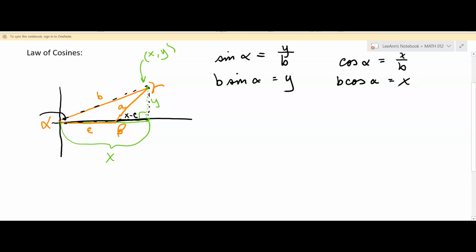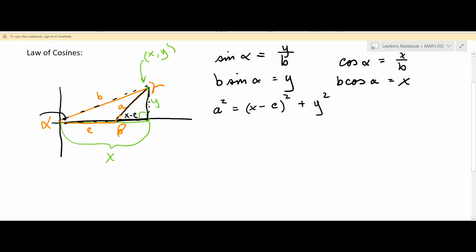Now we're going to look at the Pythagorean theorem. We're going to look at this little triangle right here. It's a right triangle. Okay. We know that in that right triangle, the hypotenuse is a, so a squared is equal to (x minus c) squared plus y squared.